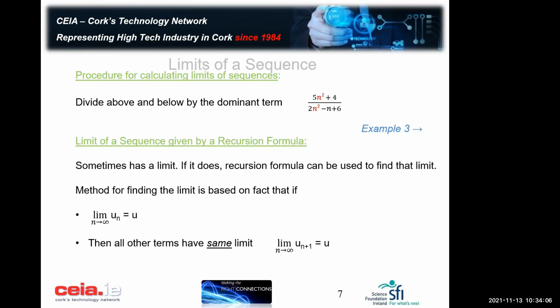So if you've been told that the limit as n approaches infinity of u of n is u, then every other term in the sequence has the same limit. For instance, the limit as n approaches infinity of u of n plus 1 will also be equal to u. We'll do an example again to demonstrate that.